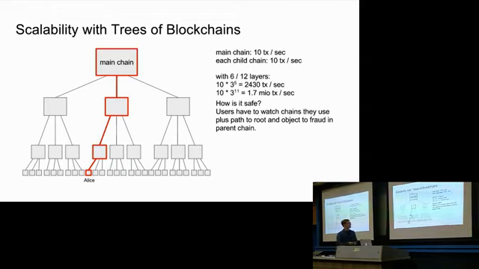Yeah. I mean, okay, of course you don't always have to watch yourself, you can also ask others to watch for you. And so for example, Bob has tokens in these two subchains, and he has to watch these chains. And here we already see, the closer the chain is to the main chain, the more likely it is that others are also watching that chain. So this in turn means the closer you are to the root chain, the safer it should be, because more people are watching.